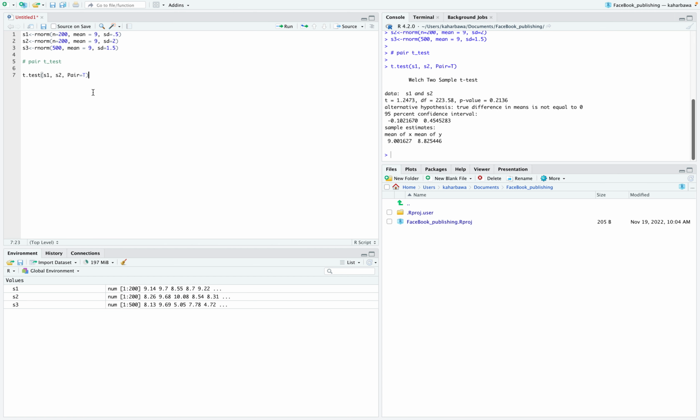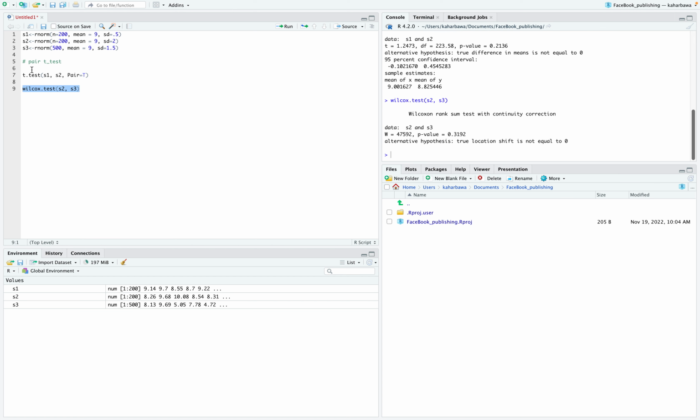So now let's jump into the Wilcoxon test by using sample 2 and 3 to run our test on. Clearly you see we have the same mean for these two samples, right? The mean is 9. The only difference is they do not have the same size. So I will use the Wilcoxon test for S2, S3, and then see what we have here.